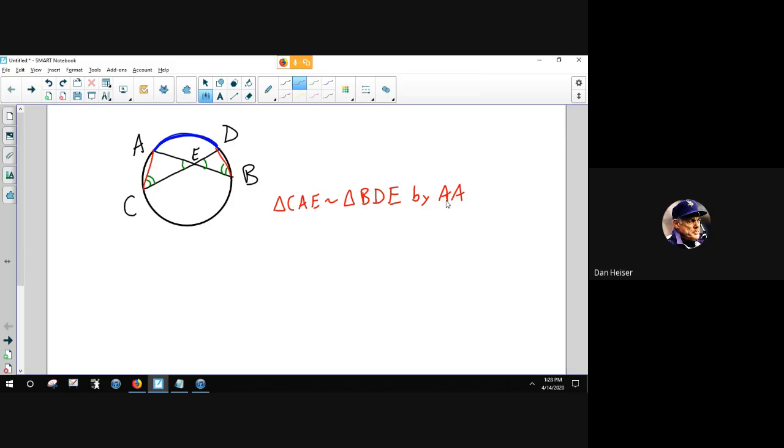I want ratios that use these four segments. So I want a ratio that uses CE. Well, CE is the first and third letter of this triangle. And we know that it has to match up with BE. Because the triangles are similar, that ratio is equal to another ratio we can make from these sides.